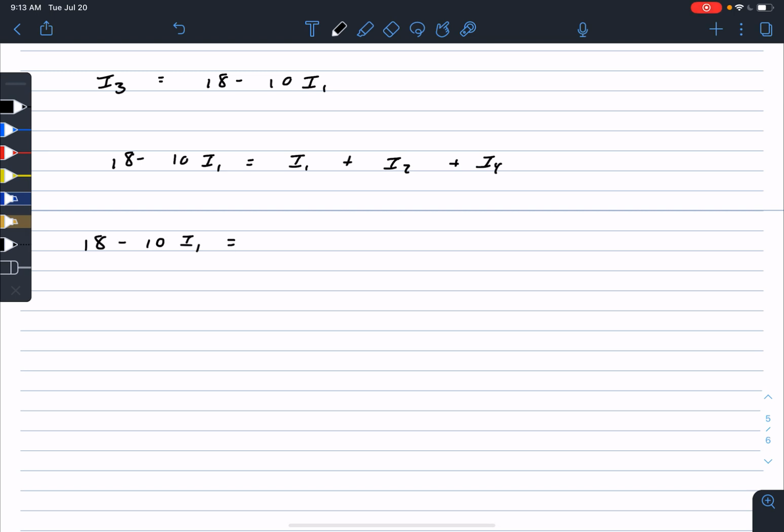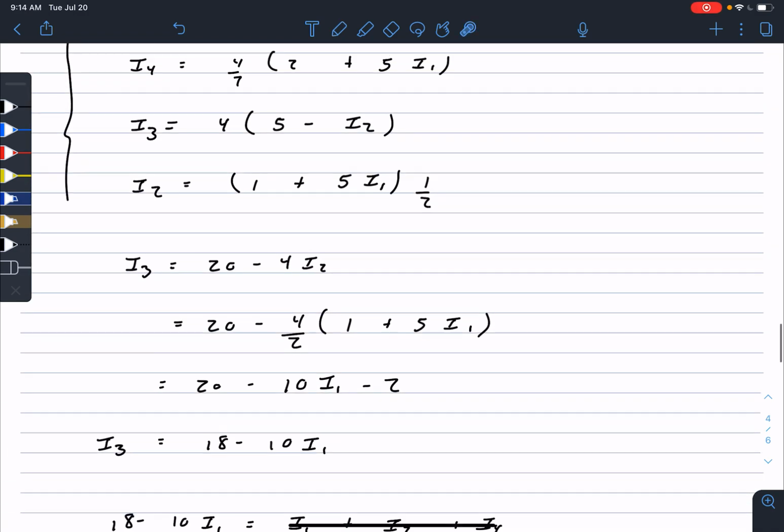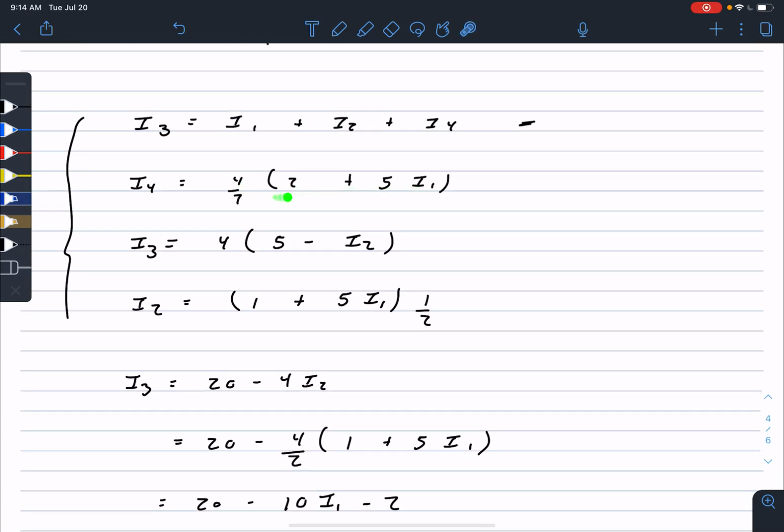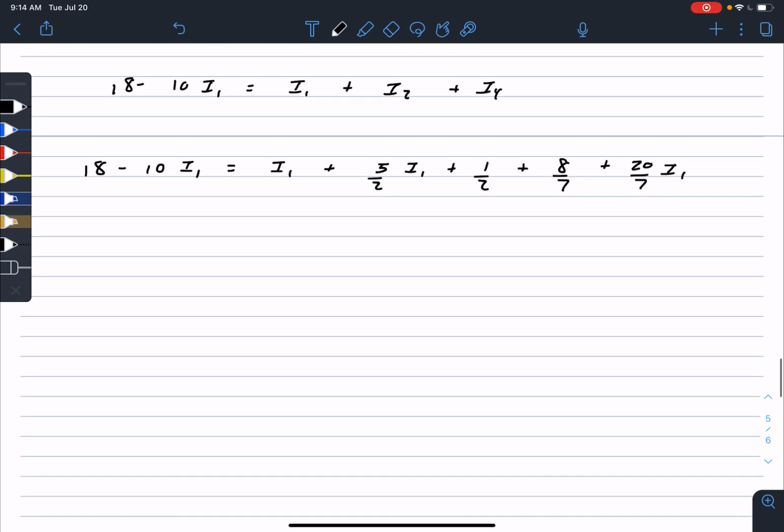So 18 minus 10I1, remember this was I3 here, is equal to I1 plus I2, which was 5 halves I1 plus 1/2, plus I4, it was 8/7 plus 20/7 I1. Remember, because we had these factors of 4/7 out in front, right? Okay, so then we just sum up all the like terms and we solve for I1.